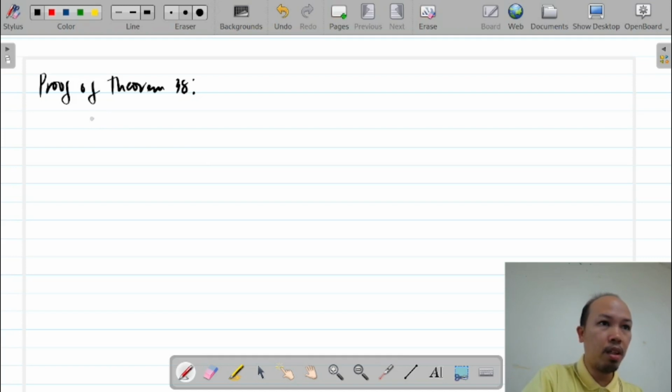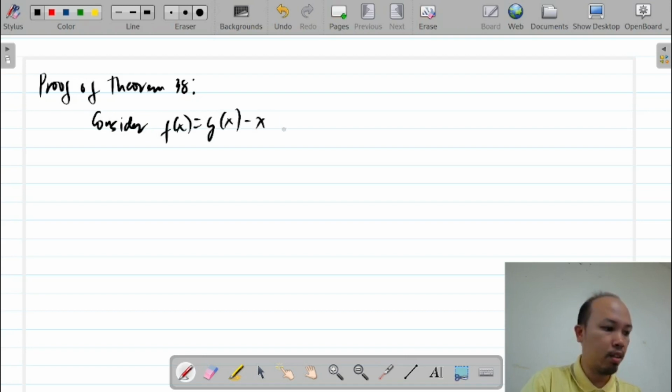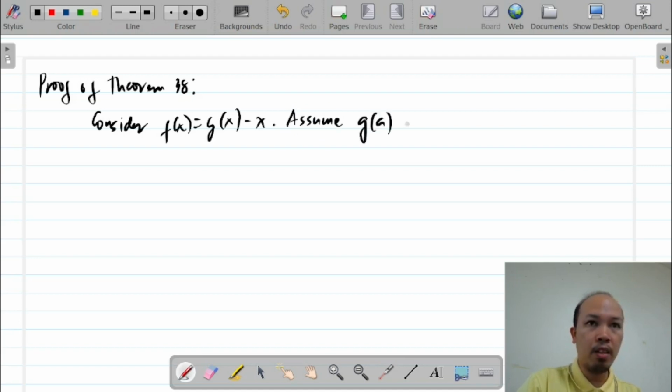So first, let's consider f of x, the one that I mentioned before, to be equal to g of x minus x. Next, we are going to assume that g of a is not equal to a, and g of b is not equal to b.